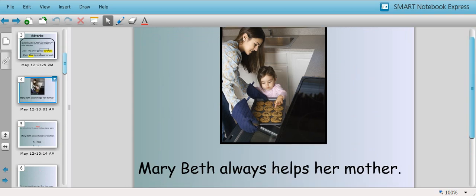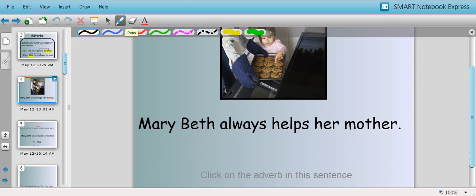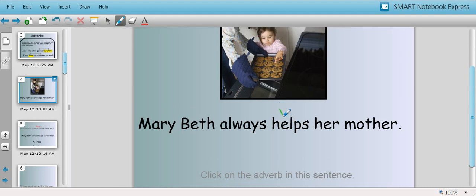So, these next sentences we'll go through together. Mary Beth always helps her mother. Well, first, what we need to do, let me get me a pretty colored pen here. Okay, so Mary Beth always helps her mother. First, we need to identify our verb, which is helps.